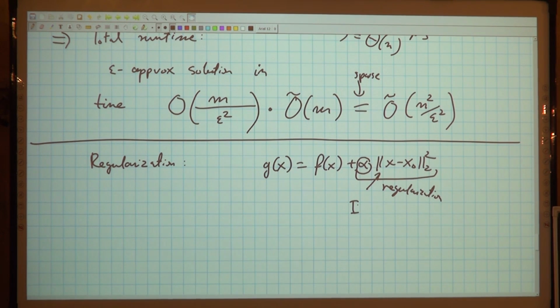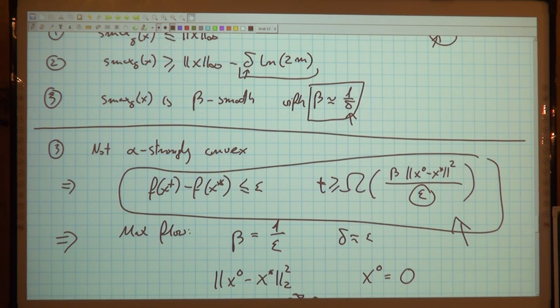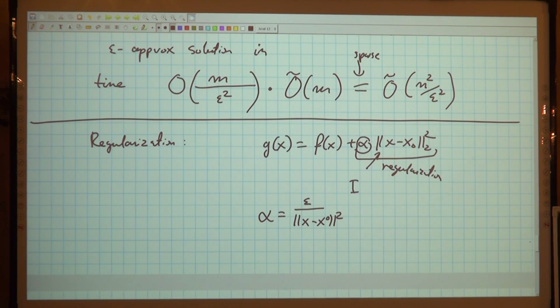Of course, the price is that the minimizer of your function changes. But if you set alpha to be roughly epsilon over the initial distance, then you get strong convexity, and the error in your minimum will be of order epsilon. So from our analysis, you will get the right convergence, exactly the bound over here. But this was a bit too fast.